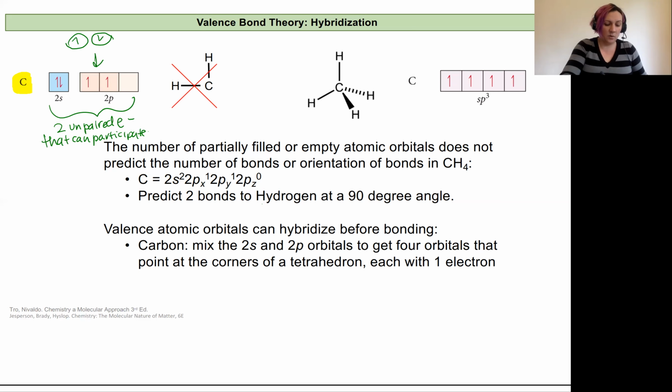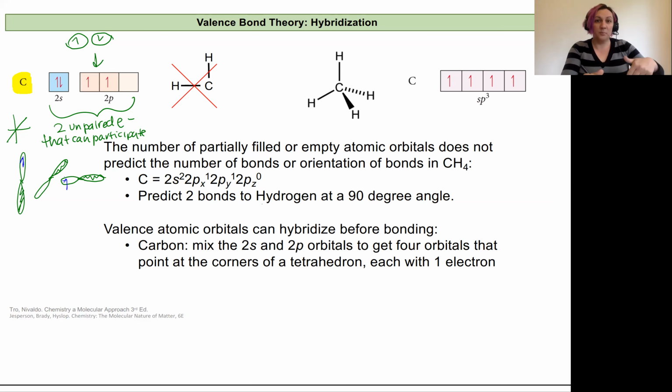And remember our p orbitals, we've got one in the z plane, one in the x plane, and one in the y plane. So if we have 2 unpaired electrons, we've got probably one in one of our p orbitals and one in another. That would create only 2 opportunities to form a bond with another atom.